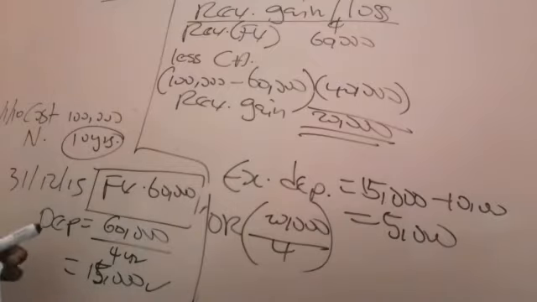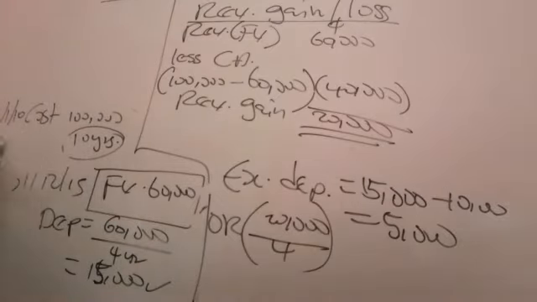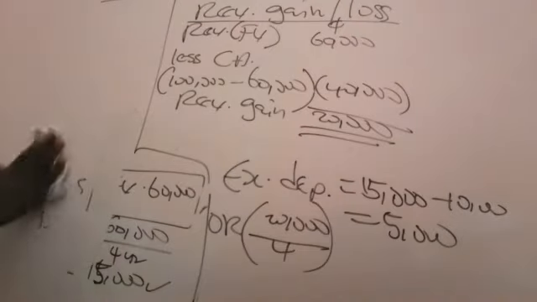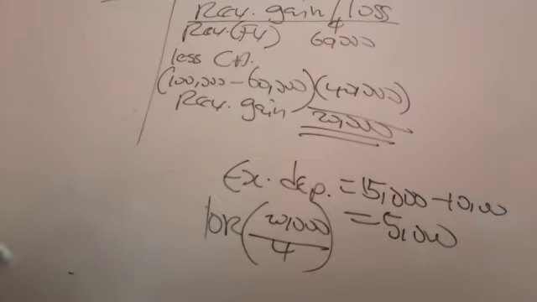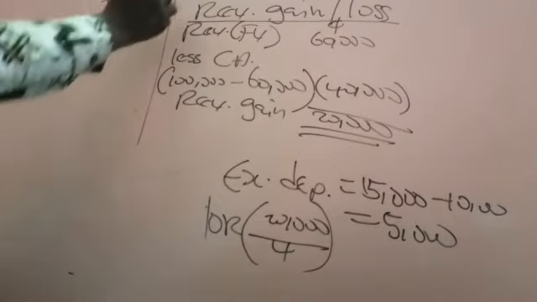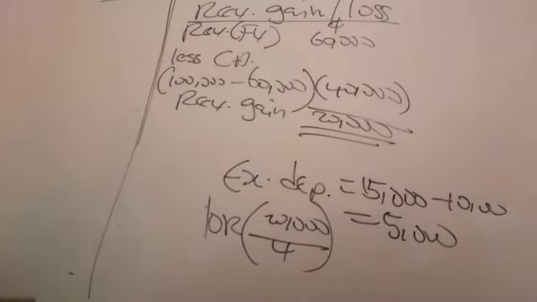Now here it must be a policy of the entity to transfer the excess depreciation. So let the examiner inform us about the transfer of the excess depreciation. If it is the company's policy to transfer excess depreciation, then this is the entry. Who are you transferring from and who are you transferring it to?